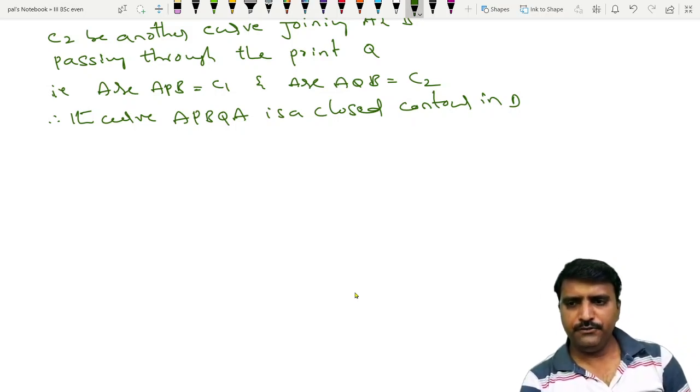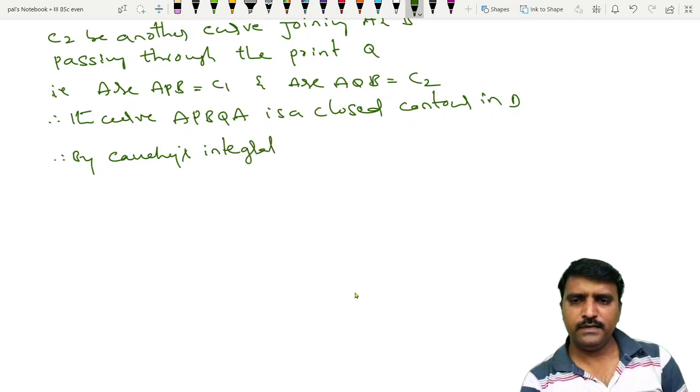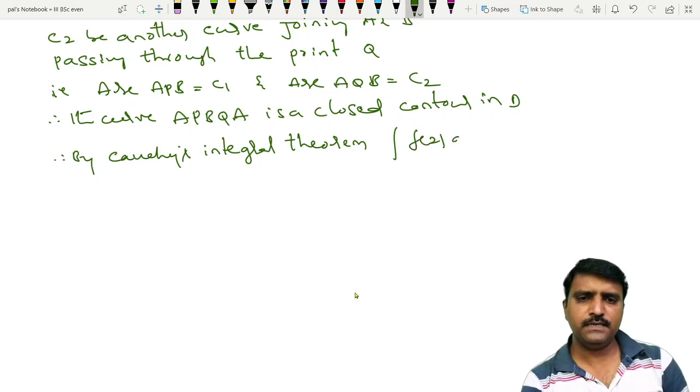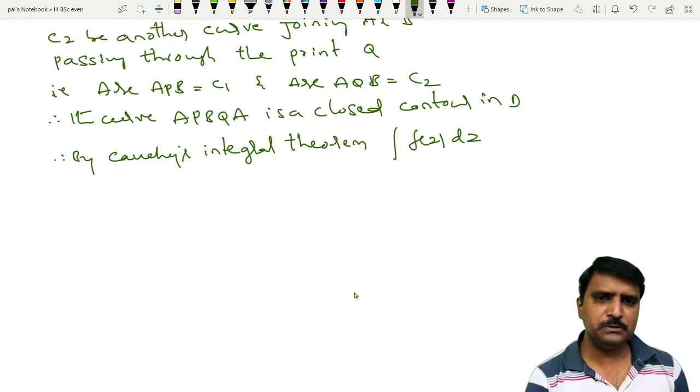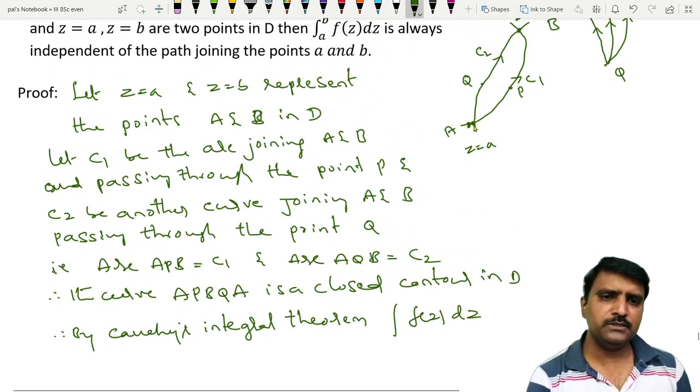So now we can apply Cauchy's integral theorem. Therefore, by Cauchy's integral theorem, the integration of f of z dz over this closed curve APBQA.